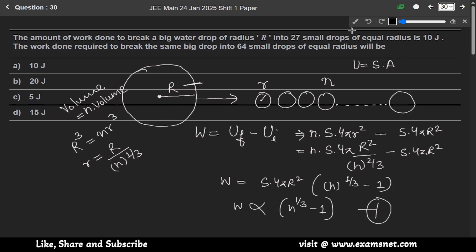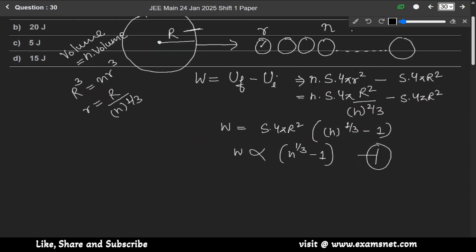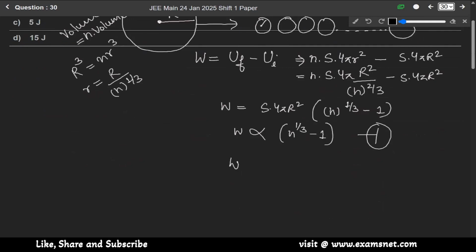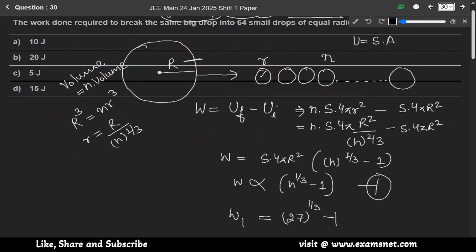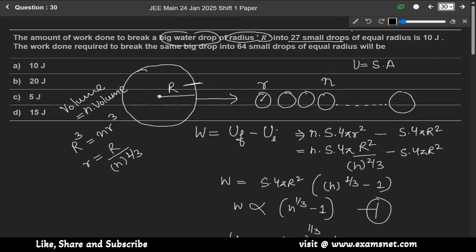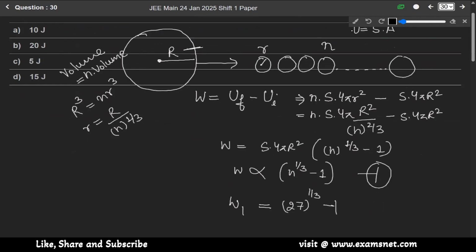At first, the big water drop is breaking up into 27 small drops. 27 means W1 will be equal to N, 27 raised to the power 1 by 3 minus 1. And at this time, the amount of work done is equal to 10 joule.